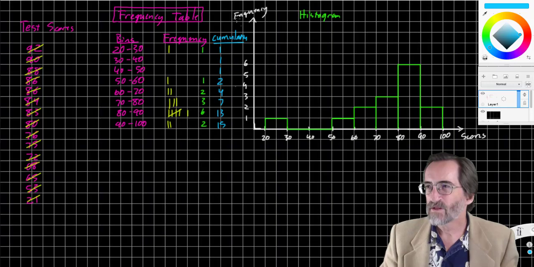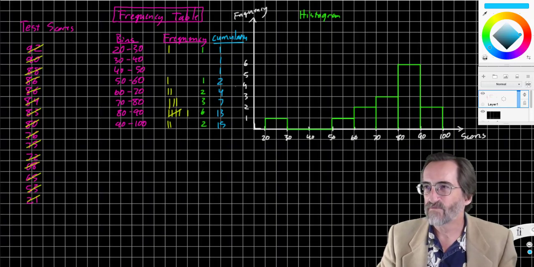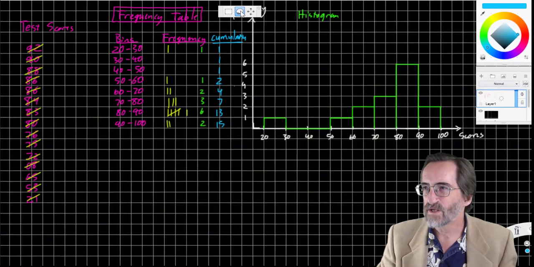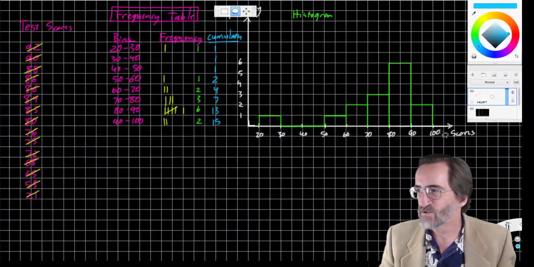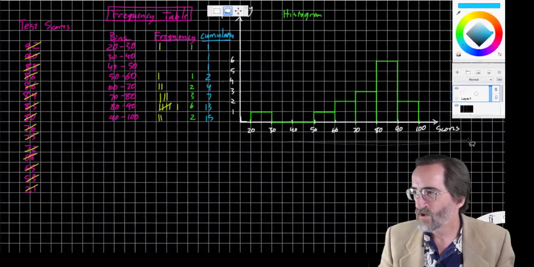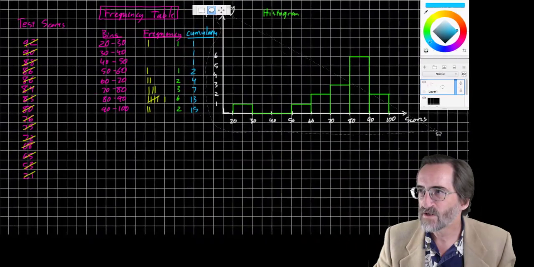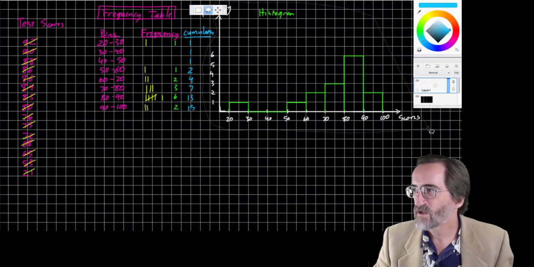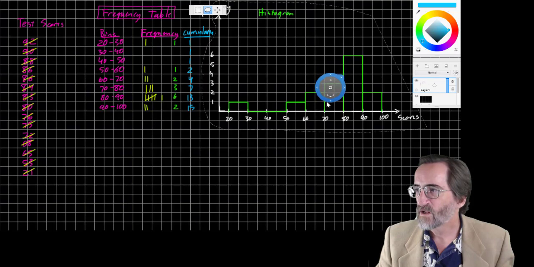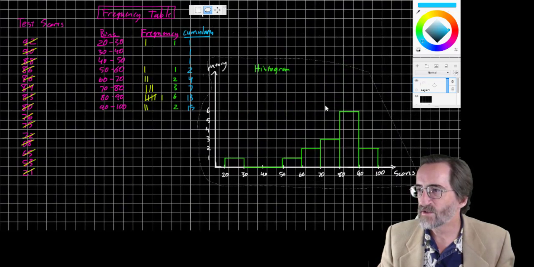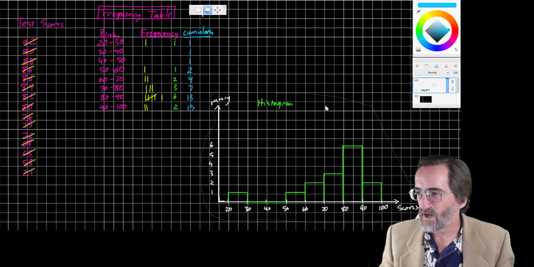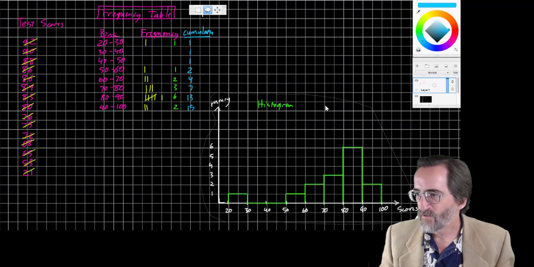Okay, let's go ahead and do that here. I think I can manage here. I'm going to need to use my lasso tool here to grab this and move things. Okay, because we need to make it higher.